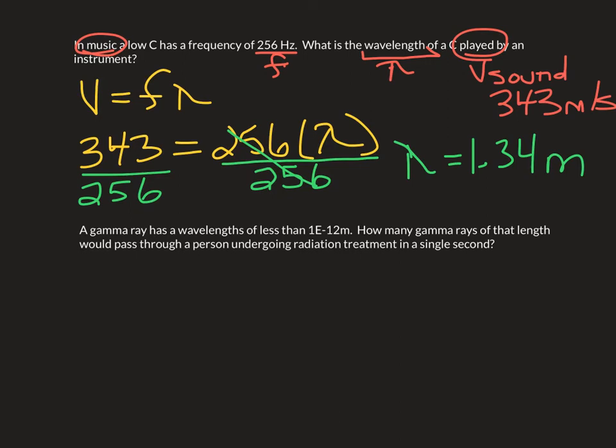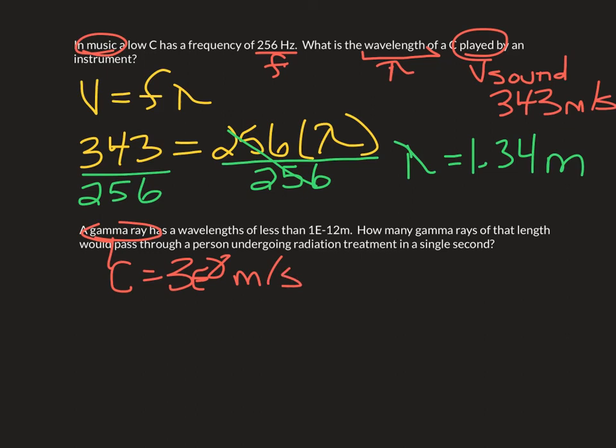For our second example that we have down here, we have a gamma ray. Now if I remember, a gamma ray is a type of electromagnetic wave. So right off the bat, I know that I'm probably going to be able to use 3e8 as my velocity.